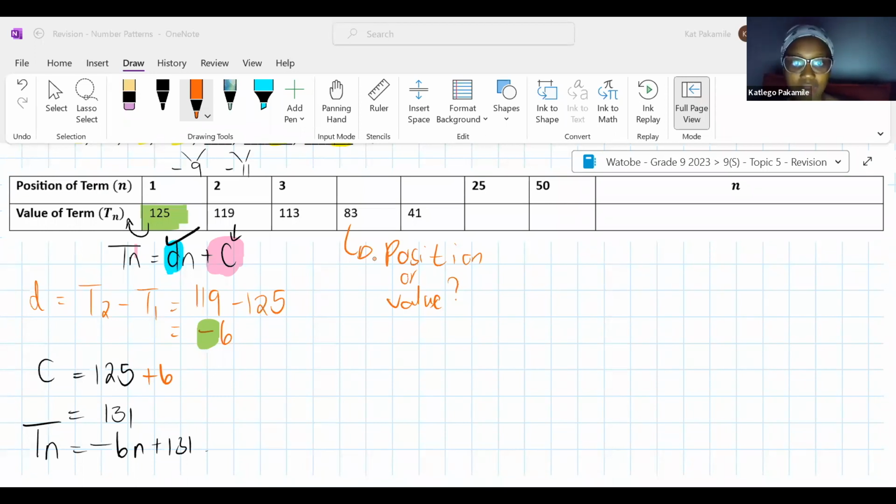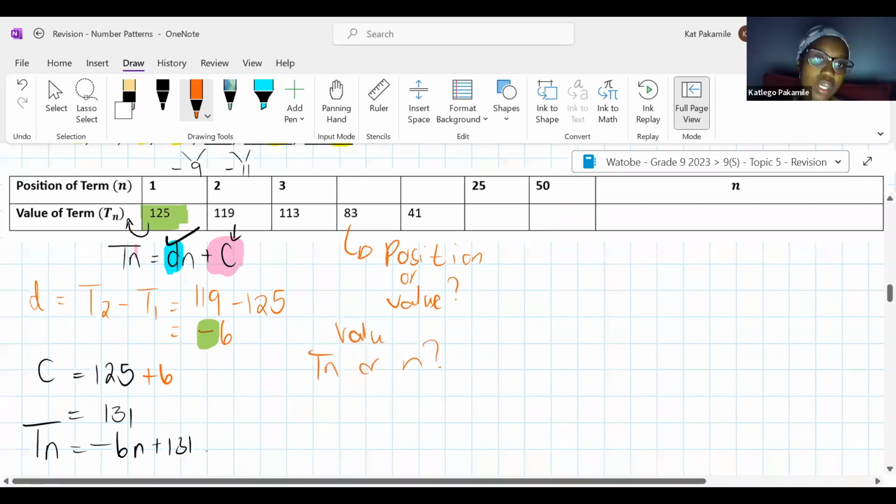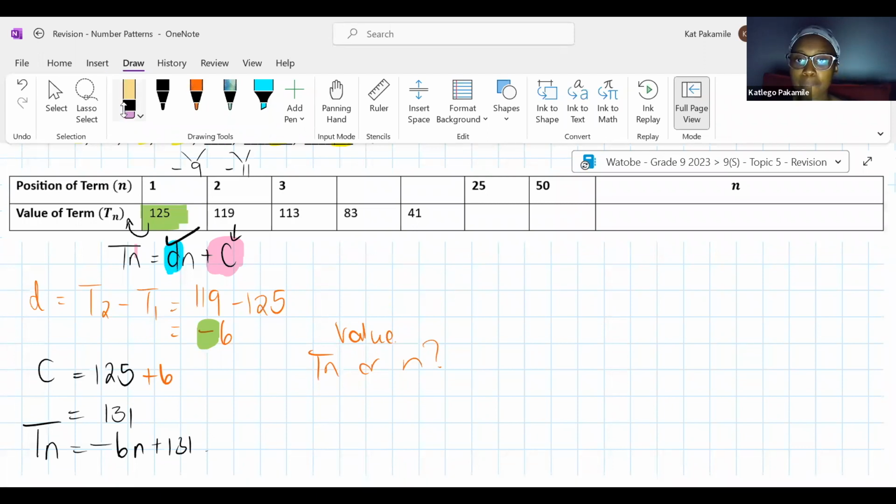And we said the value is Tn or N. Is the value Tn or N? Yes, it's the value, guys. Is the value Tn or is it N?